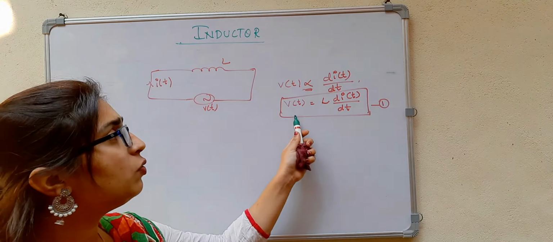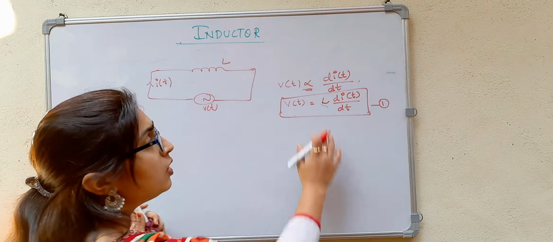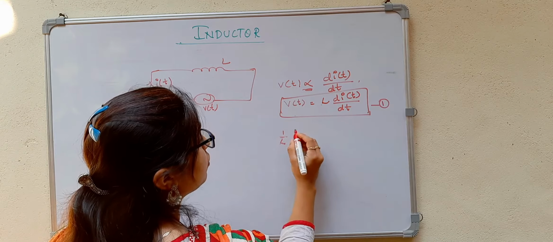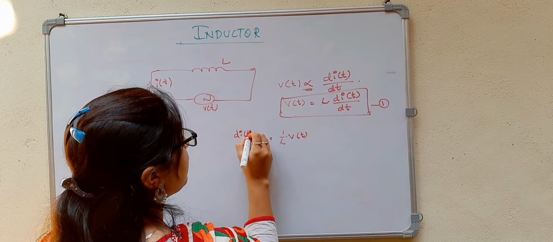Then if we know the voltage and the inductance, we have to find the current. I will bring L to the denominator: V of t divided by L equals di t divided by dt.